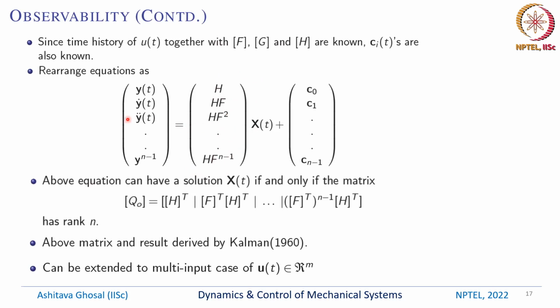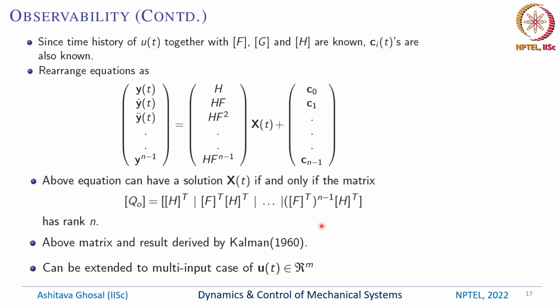So this is another of Kalman's derivations, and he obtained this expression for the observability matrix again in 1960, and he showed that a system is observable if the rank of this QO is n. Okay, and remember what is observable?